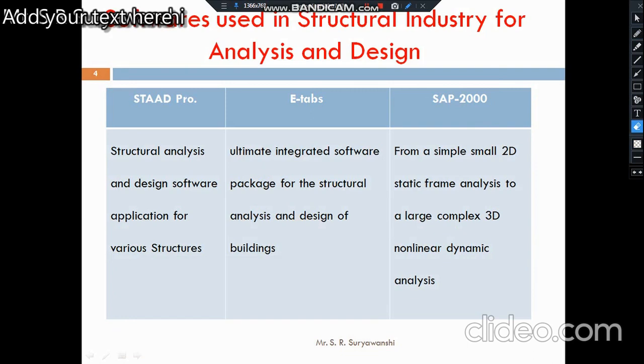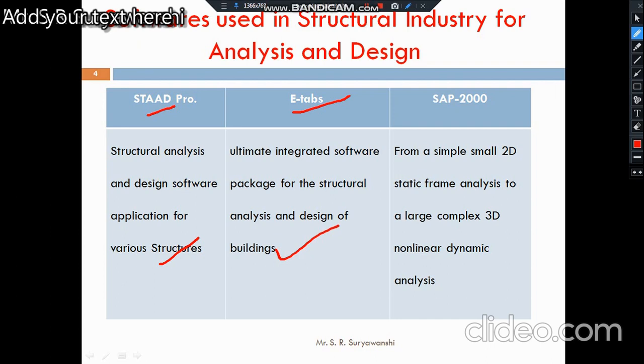First is STAAD.Pro, a structural analysis and design software application for various structures. Using STAAD.Pro we can analyze and design various structures, and the logic used is the matrix method. Second is ETABS, an ultimate integrated software package for structural analysis and design of buildings. STAAD.Pro can be used for chimneys, bridges and buildings, but ETABS is specifically very useful for the analysis and design of multi-storied building frames.